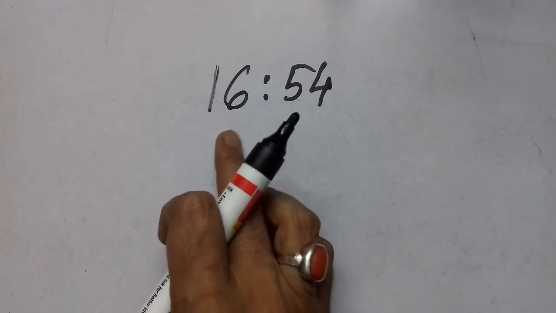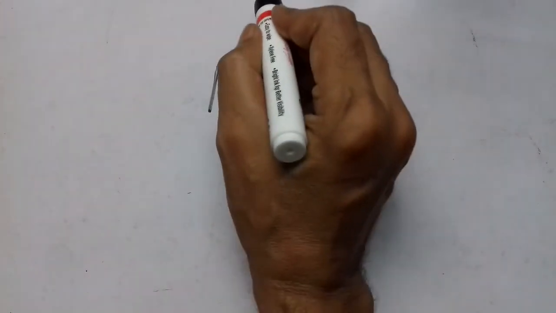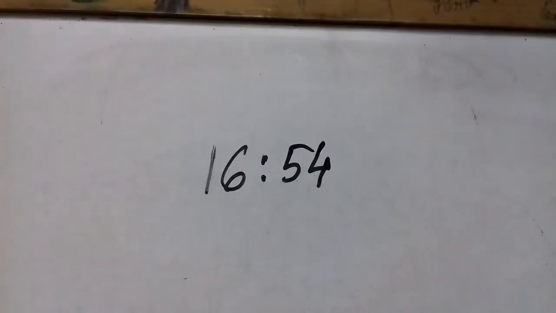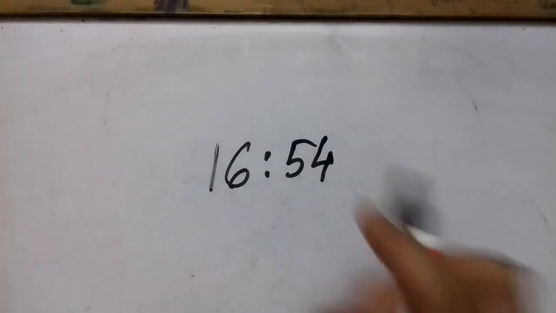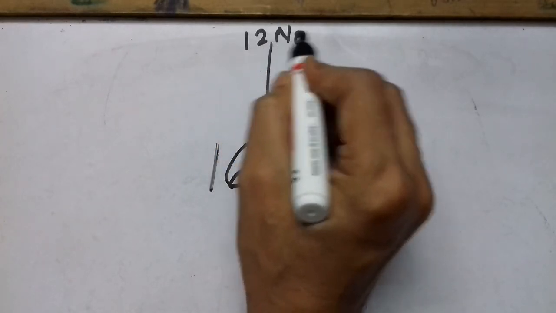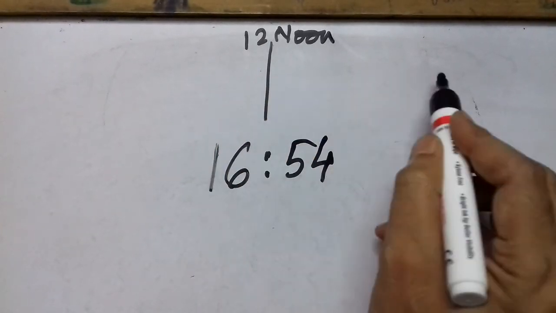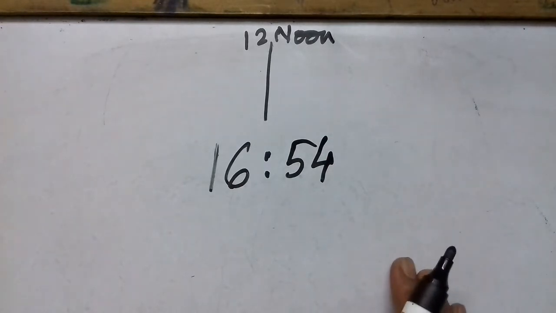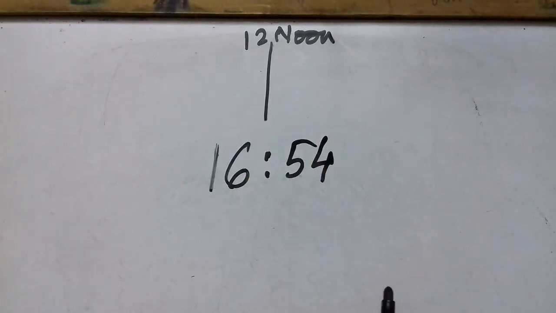Since this time is greater than 12, 16 is greater than 12, we will understand. Again, let me draw that diagram. If this is 12 at noon, 16 means to the right of 12, that is the afternoon session.